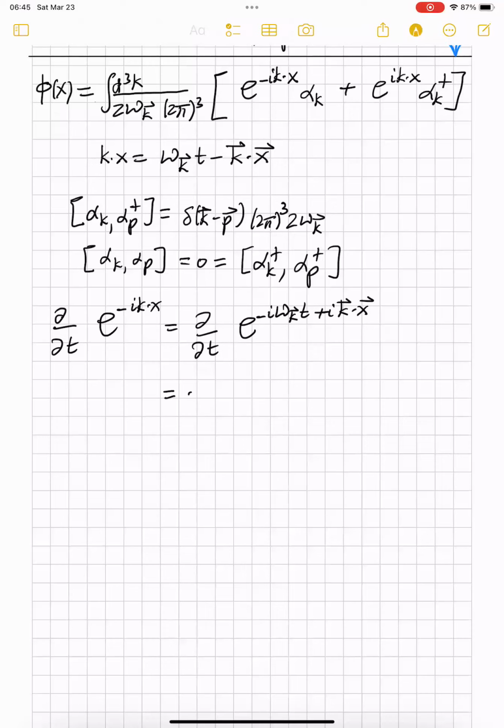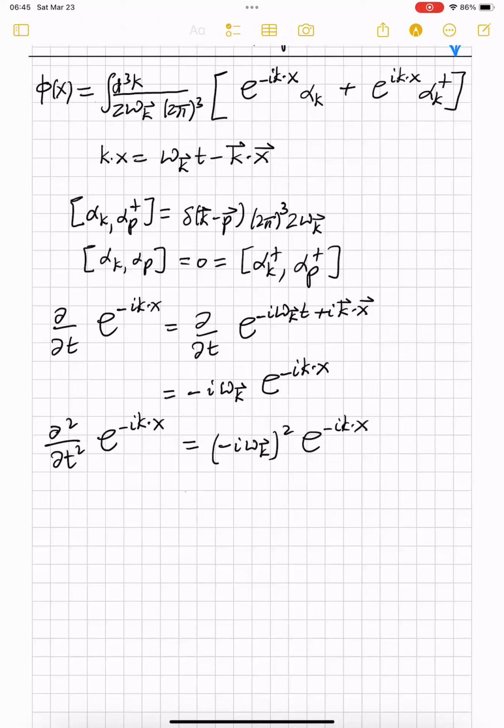So I'll just bring down minus i ω_k, and then I'll have the same exponential again, e to the minus i k dot x, okay? And if I take a second derivative with respect to t of the same exponential, this will just be minus i ω_k squared, because each derivative brings down a factor, and minus i squared is a minus, and we've got ω_k squared, e to the minus i k dot x.